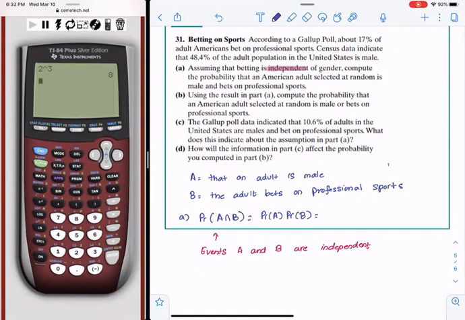So probability of A is 0.17. Sorry, it's actually 0.484, from the census data that we have, and probability of B is 0.17. So we just have to multiply them together, and we are able to do this because the events are independent of each other.